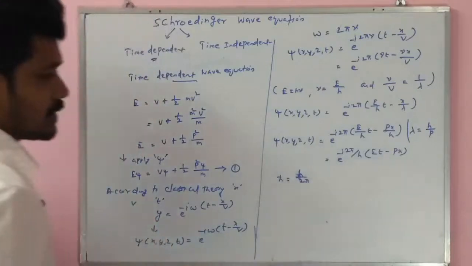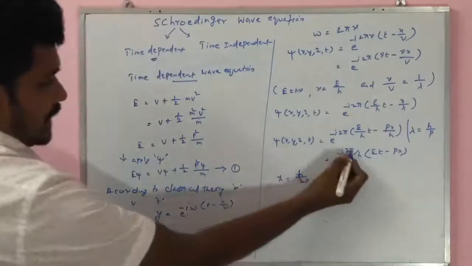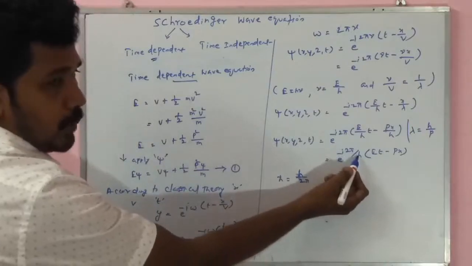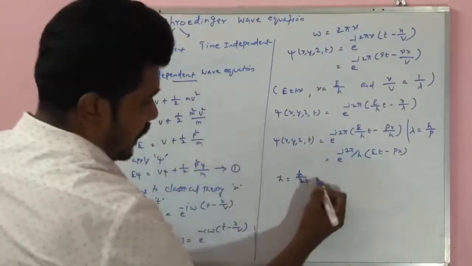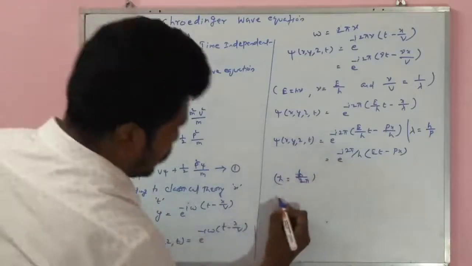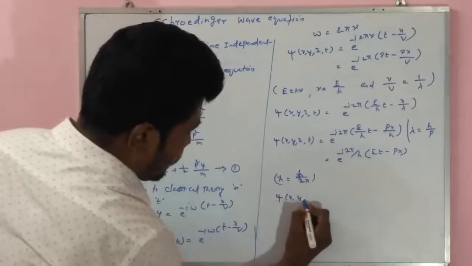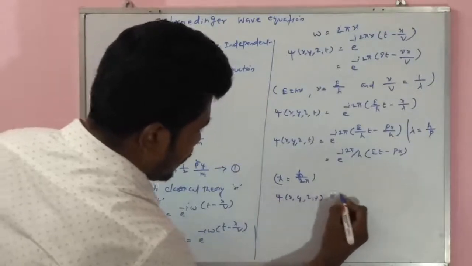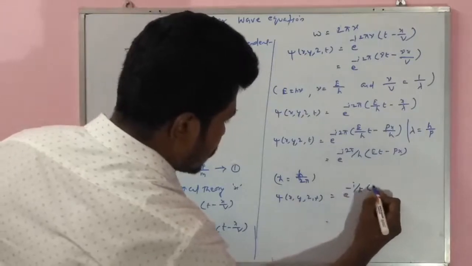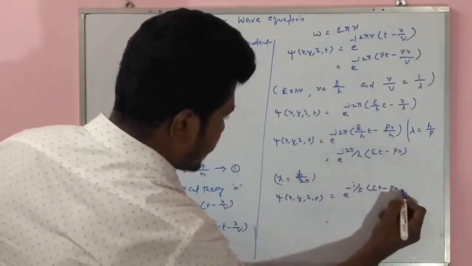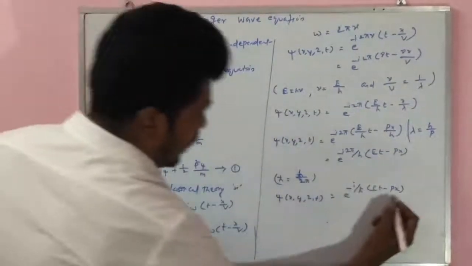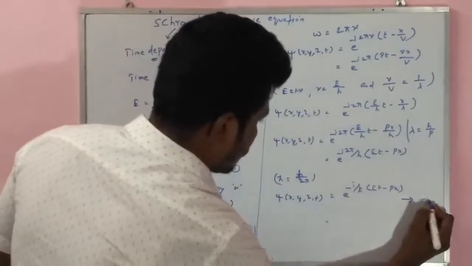Just assume h cross is equal to h by 2 pi. Here the form is 2 pi by h, which is equal to 1 by h cross. So psi is e power minus i by h cross into Et minus px. Okay. Now this is equation number 2.